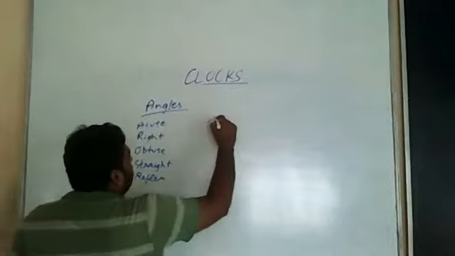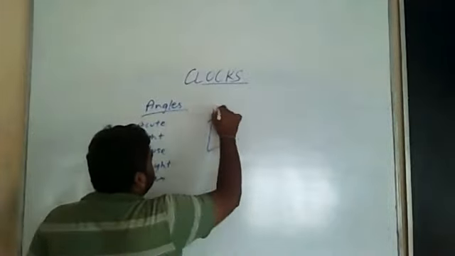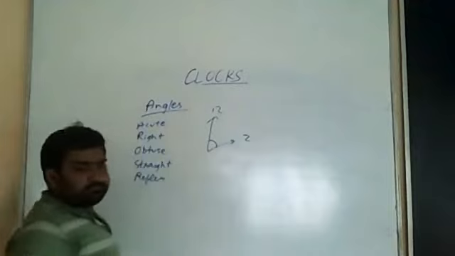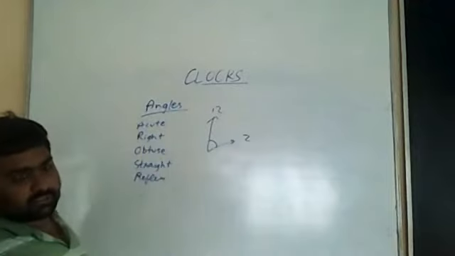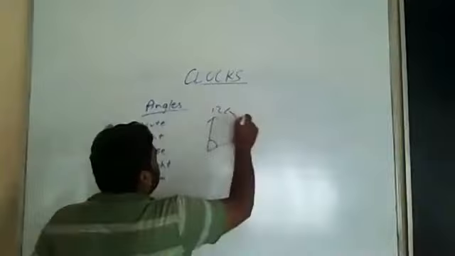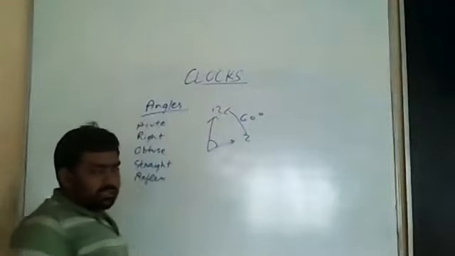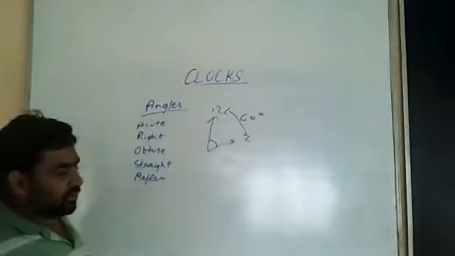Now, if it is like this, 2 o'clock, what is this angle? What does it look like? Acute angle. Why? Because this is 60 degrees. So it is an acute angle.